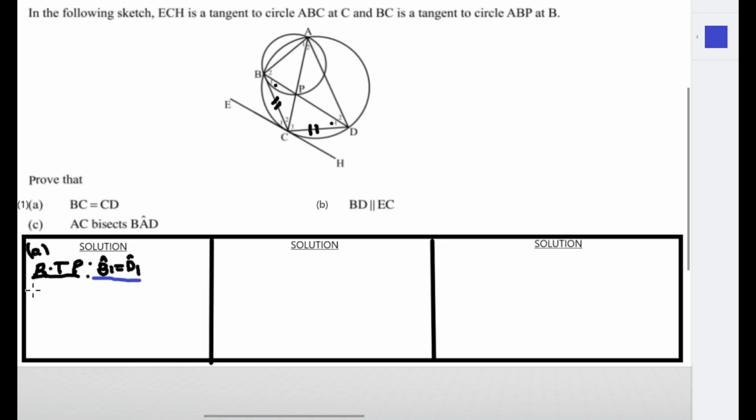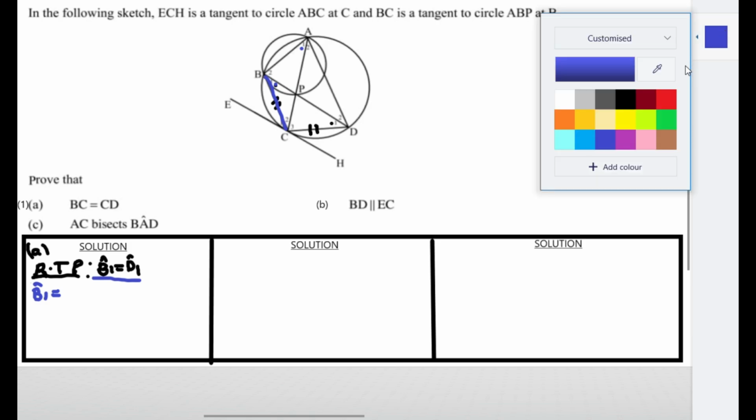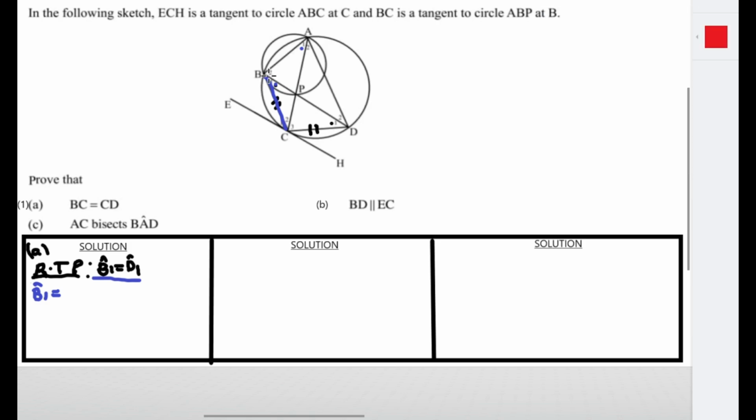So what is angle B1 equal to? You are supposed to ask yourself that question. Angle B1 must be equal to angle A1. That is the tan chord theorem. We know that BC is a tangent, so look at the chord BP.